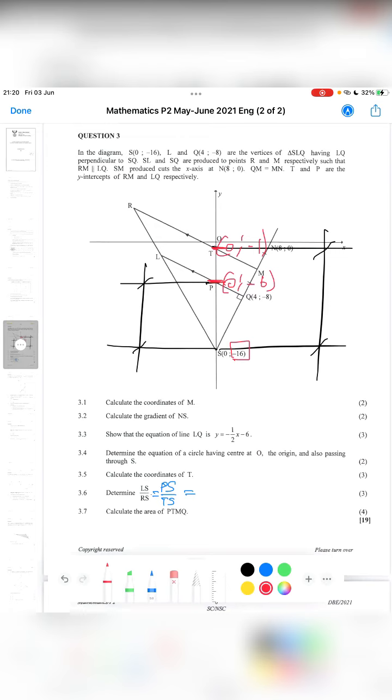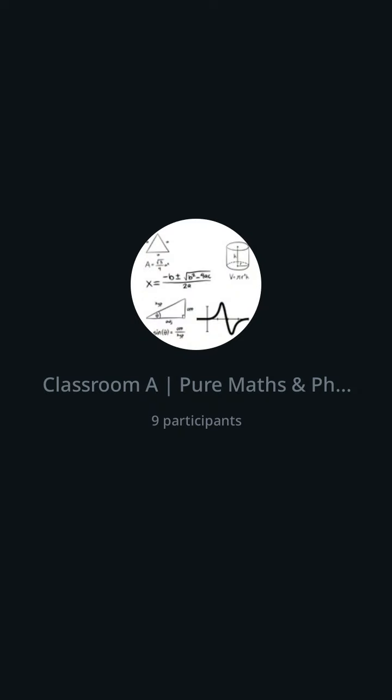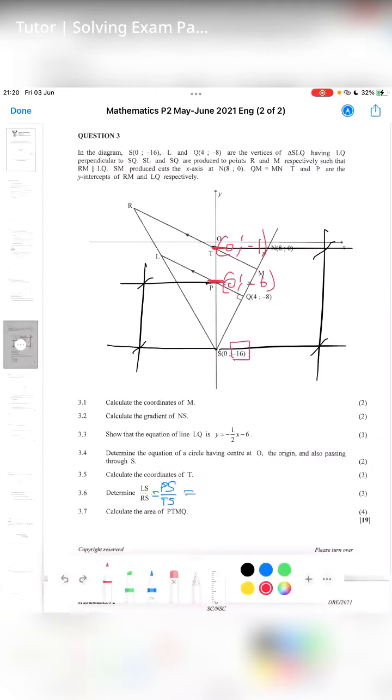So what I'm saying, ladies and gentlemen, is that to calculate this distance, you can simply put -16 inside the brackets, and then you minus t. What is t? T is -1.